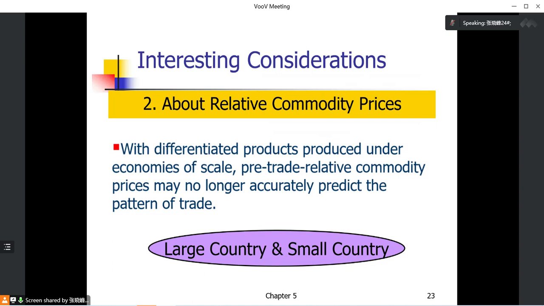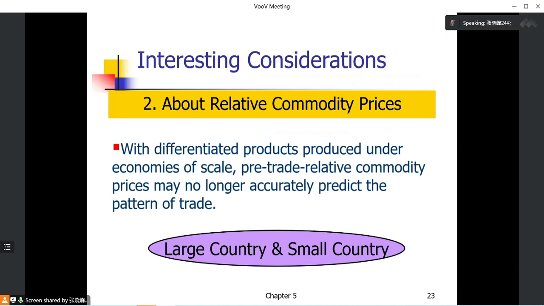Now we should know that just because of the economy of scale, many of the enterprises are engaged in different lines of production and they provide consumers the differentiated products.